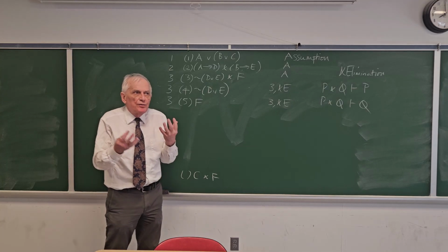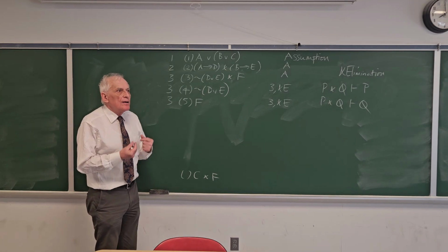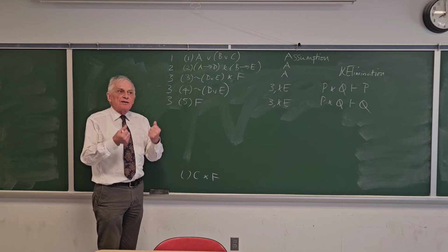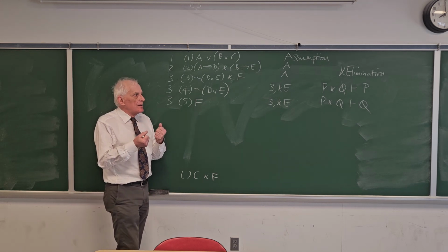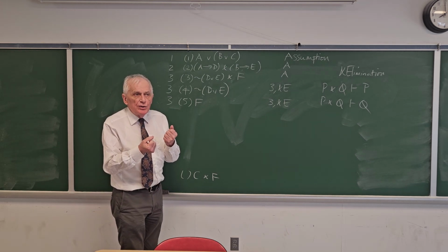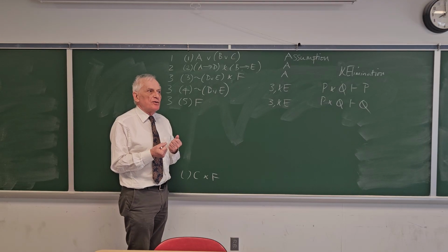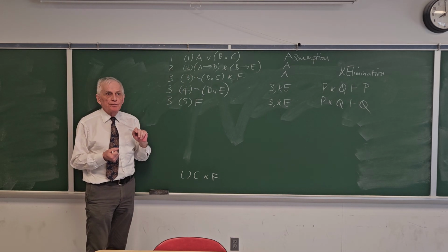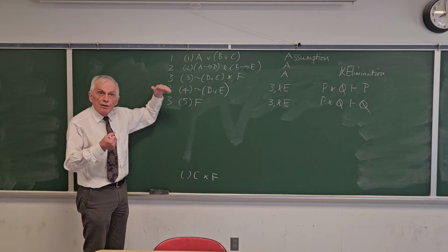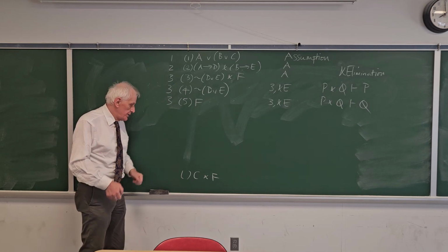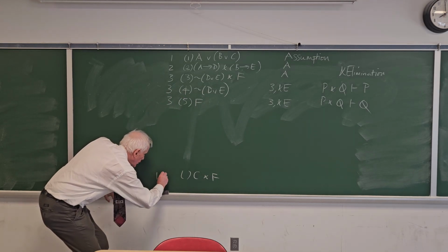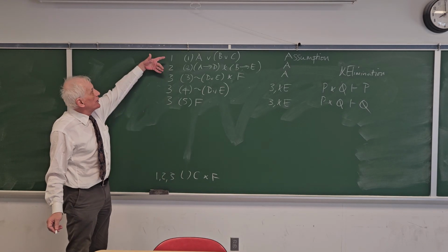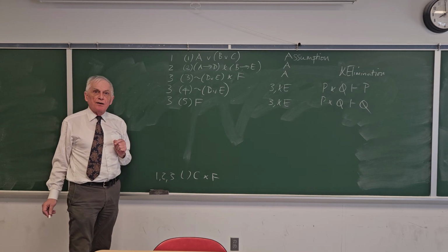Why does this prove that the sequence is valid? Because validity, remember, is that if all the premises are true, then the conclusion must be true. So what we do is we assume the premises are true, and we show from those premises alone, so all that can be in the assumption set for our conclusion are the premises we assumed at the beginning.